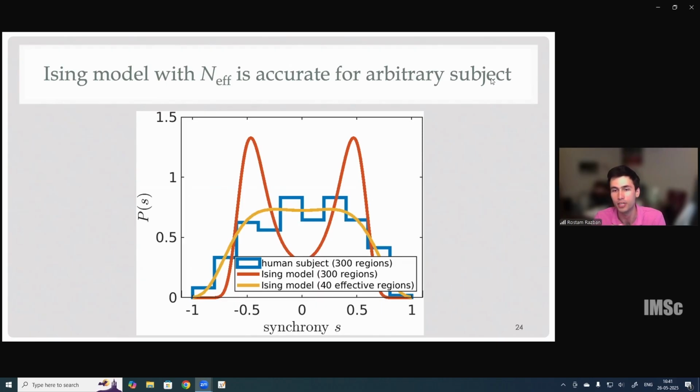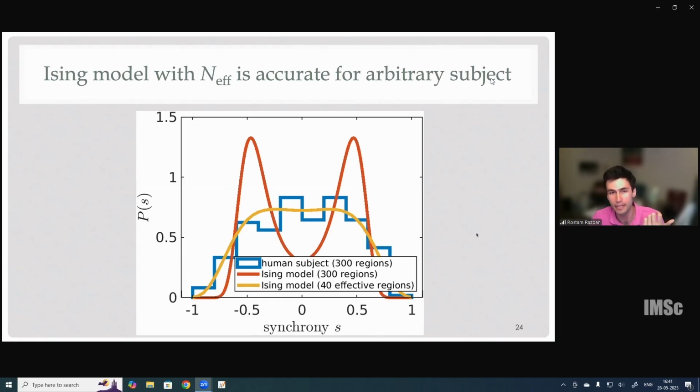How would things change? Interestingly, when we look at 40 regions instead of the 300 regions given by the atlas, we're able to reproduce the experimental data, which is still for those 300 regions. We're saying maybe from an Ising model perspective, we should be using 40 instead of 300.